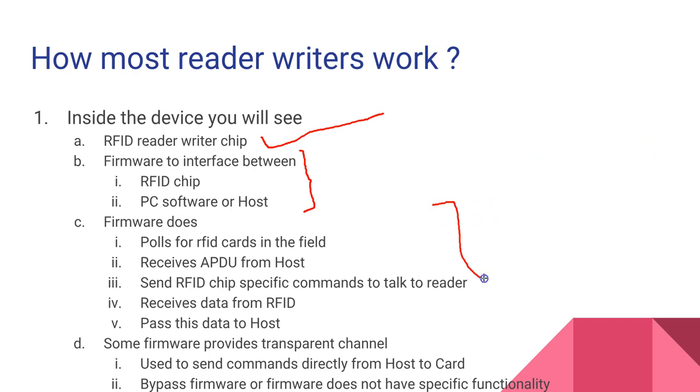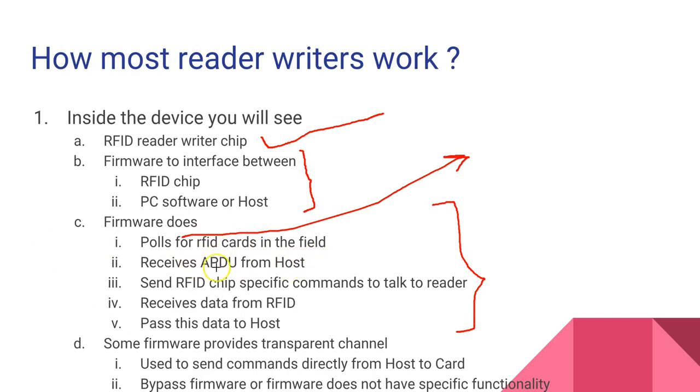Now the firmware can do so many things. It all depends on the manufacturer and what they want the reader writer to do. But most often the firmware will do the polling of the RFID tags. Polling means looking for any new tags entering the RFID field, and as soon as it finds one, it informs the PC or the software that there is a card ready in the field.